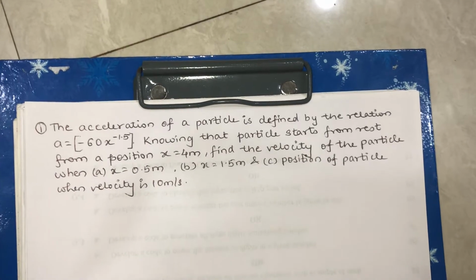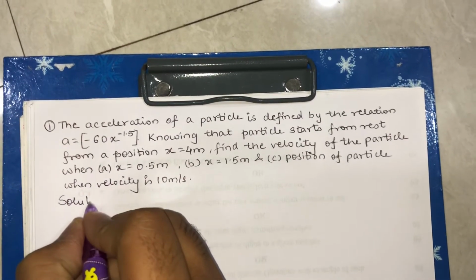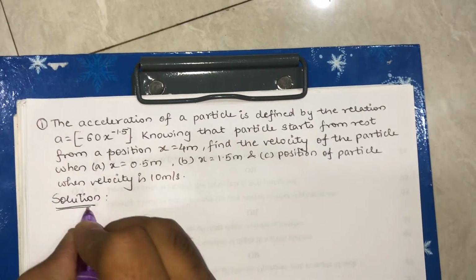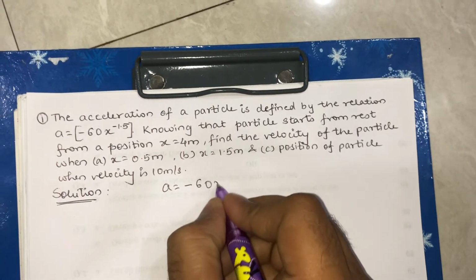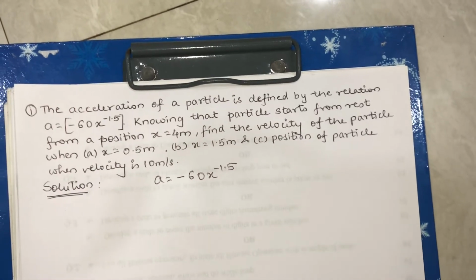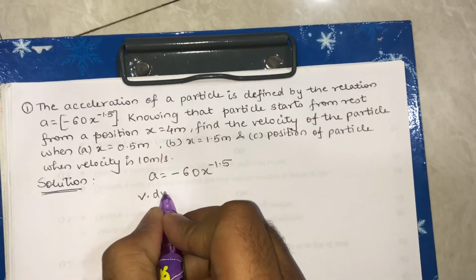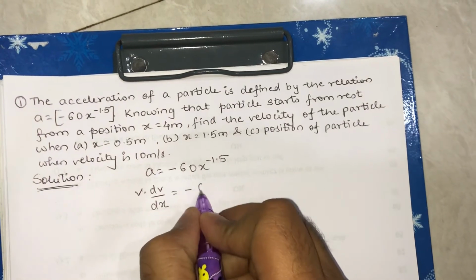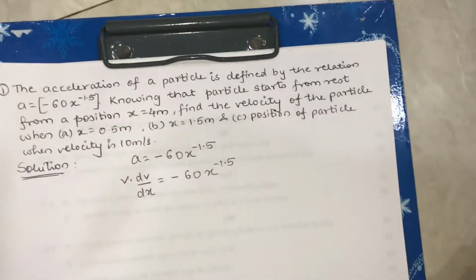So here is the relation we'll start with. The very first part is your solution. The relation is a equals minus 60 x raised to minus 1.5. This a can be written as v times dv by dx, which is equivalent to minus 60 x raised to minus 1.5.